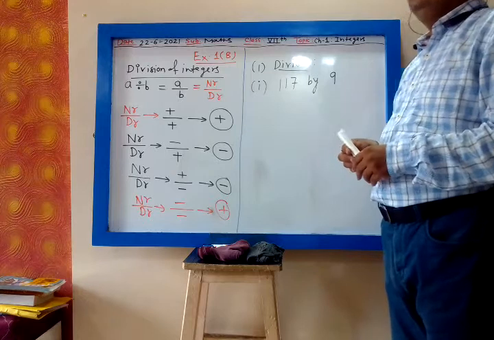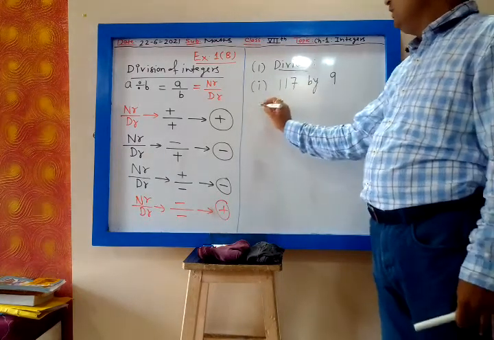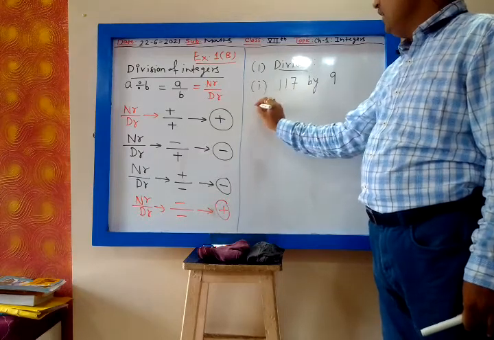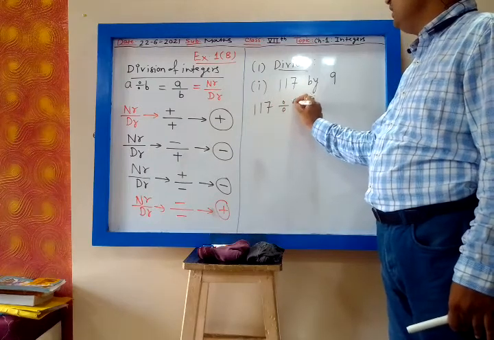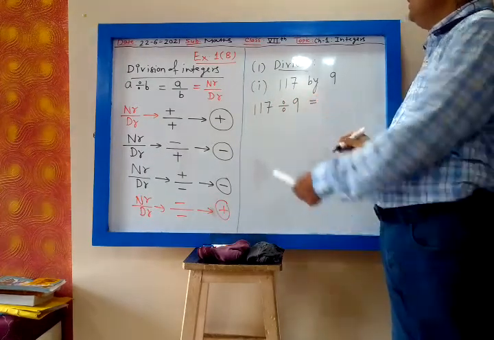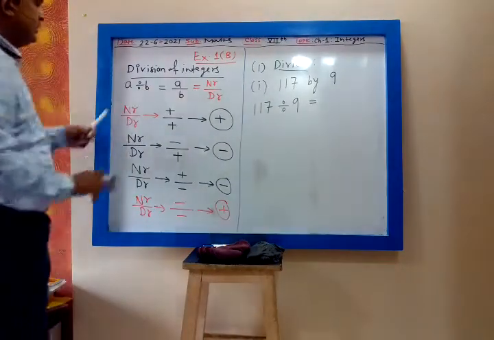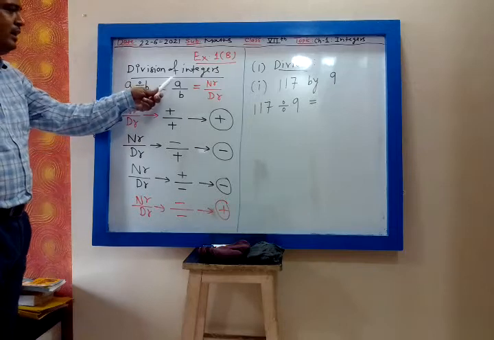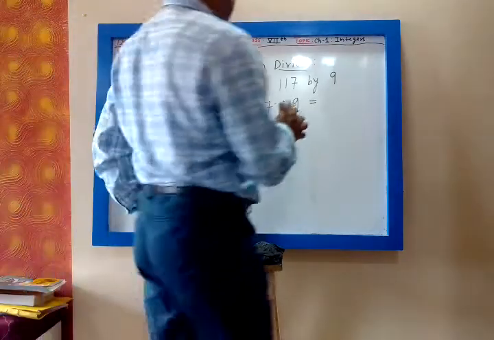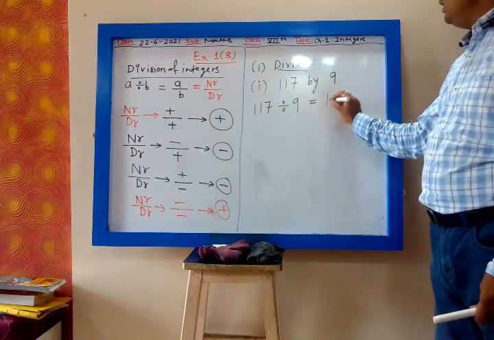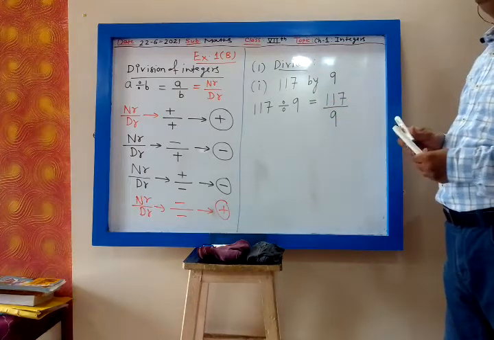I can write this as 117 divided by 9. Now what do you mean by A divided by B? A divided by B means I can write A upon B. So 117 divided by 9, I can write as 117 upon 9.